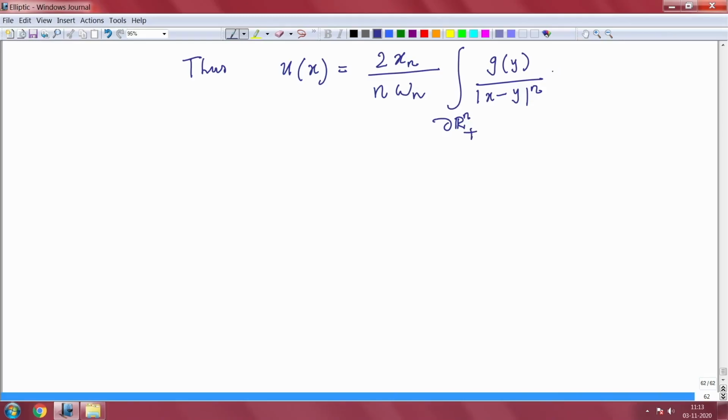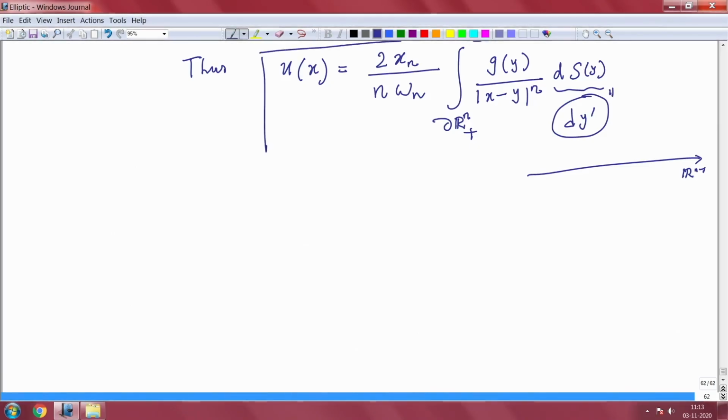So, dsy, keep in mind in this case your dsy is nothing but dy prime, because it is in this R n minus 1 direction. So, your dsy is the same Lebesgue measure because it is already a flattened domain. So, you can easily integrate. So, you have your formula, but let me use a notation dsy because you can't write dy prime all the time.